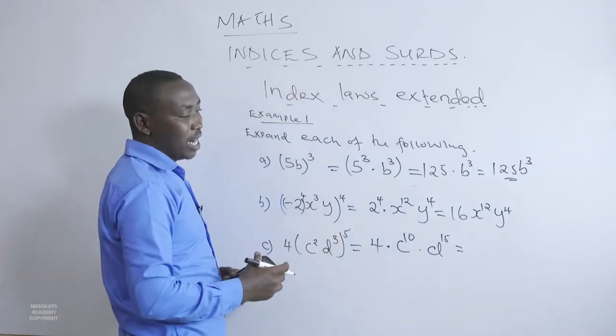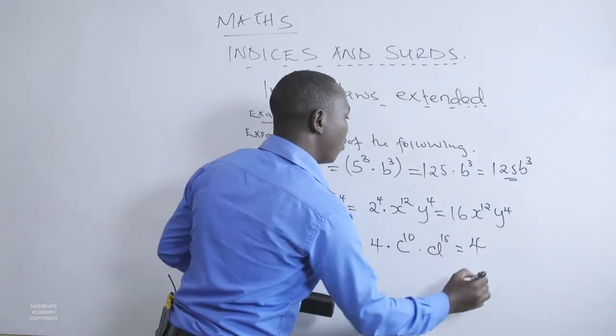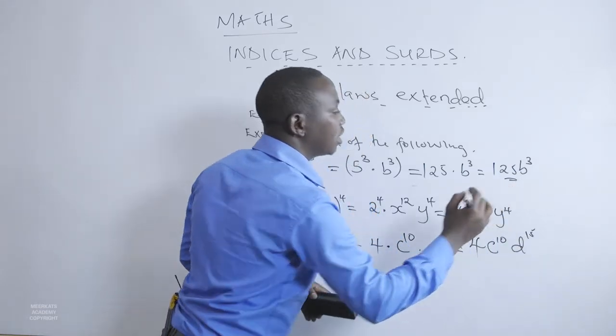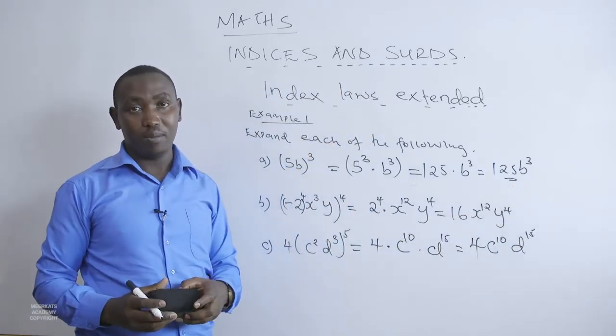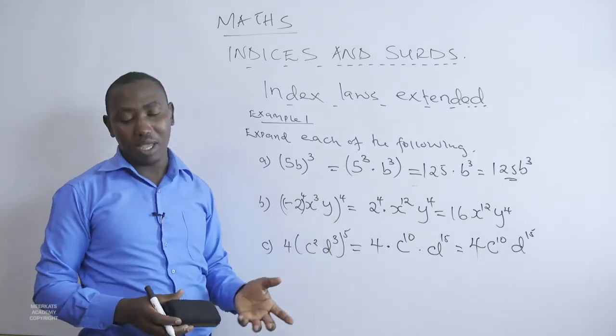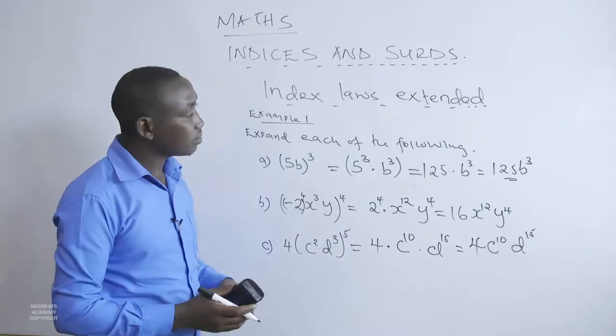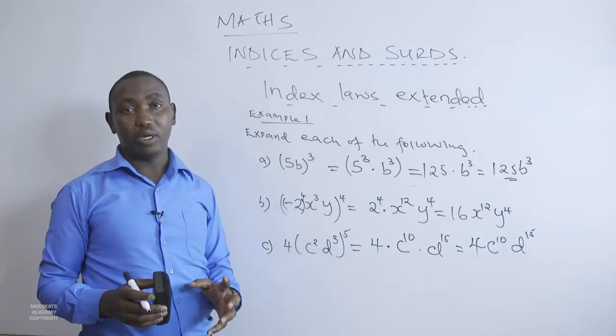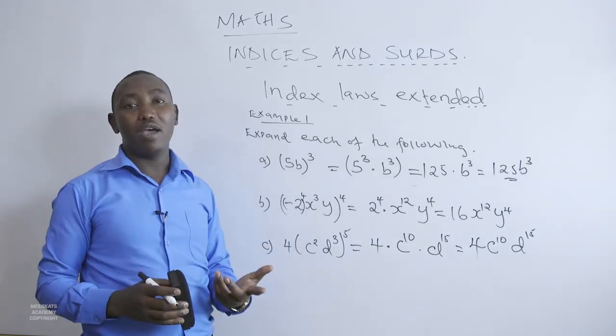Then we finally write the result, which shall be 4, c raised to 10, d raised to the power of 15. So notice how those laws are being extended and played about. So these 3 cases are the cases when we have multiplication. Let's look at a case where we have division.